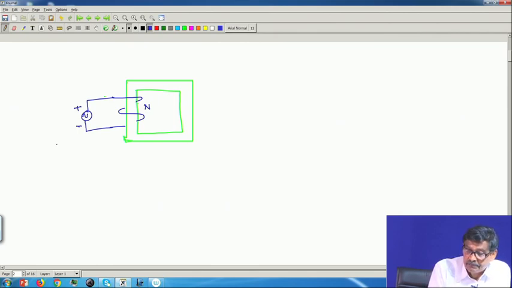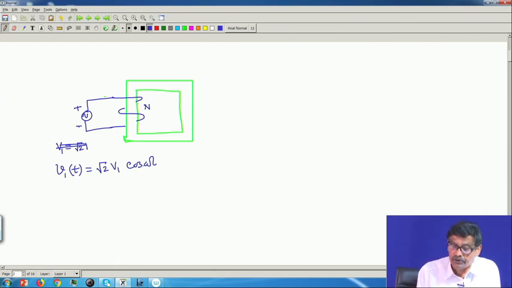For example, V 1 t is equal to root 2 V 1 sin omega t, or some say cos omega t, I will write it, the applied voltage to this coil.